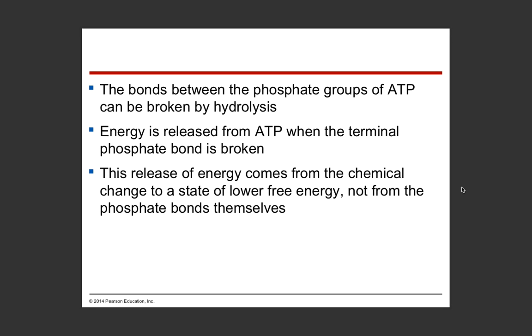So this release of energy comes from the chemical change to a lower energy state, okay? And it's not actually coming from the phosphate bond itself. Having all those phosphates together, because they're highly negatively charged, it's building up a whole lot of pressure essentially. Releasing one of them lowers the energy state, which is going to help to drive the reaction.